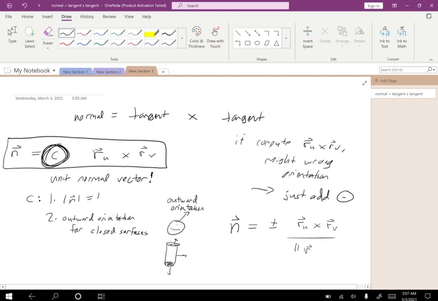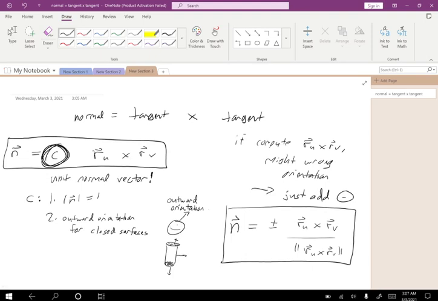And dividing by this makes it a unit vector. Okay? And we might use some other orientations, like if we have an open surface, something like a bag. We might use a plus, but I'll get to this when we actually need bags. Right now, we'll just use closed surfaces.